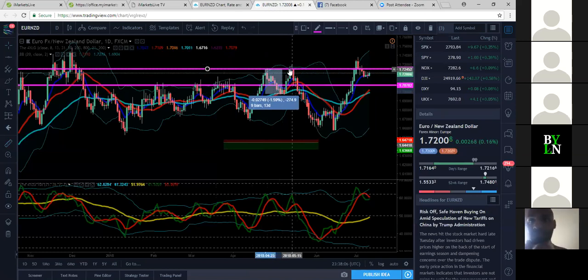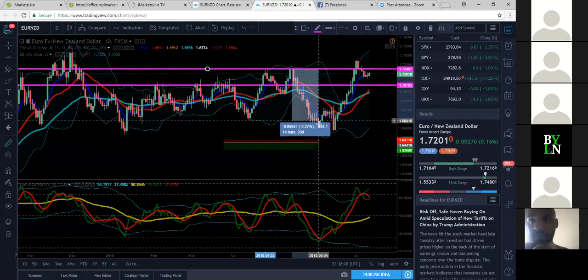Right here. It would have put you in. Let's see how many. This one dropped here for, if you would have took it here, 632 pips. Y'all see that? Yes.